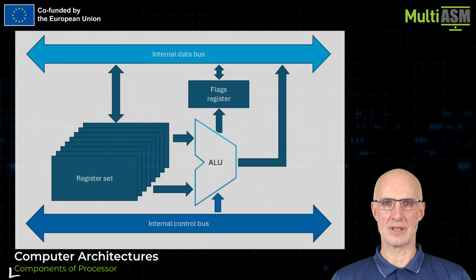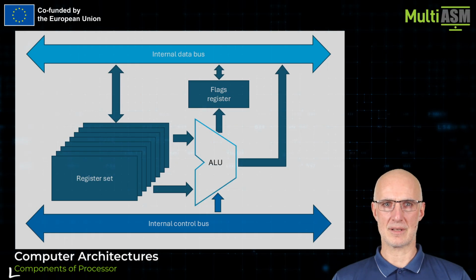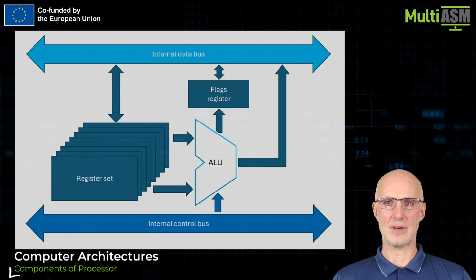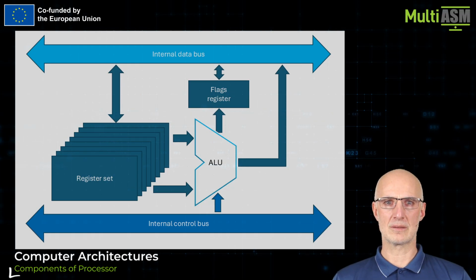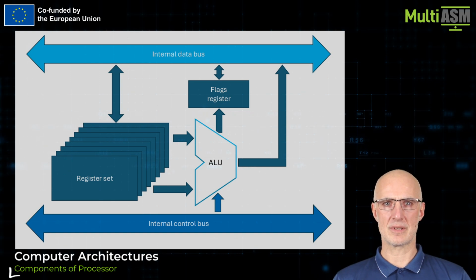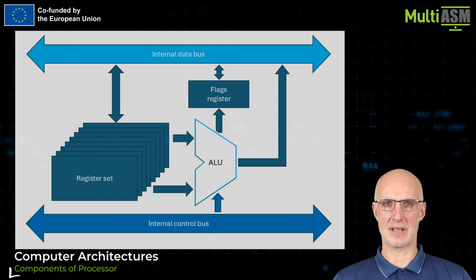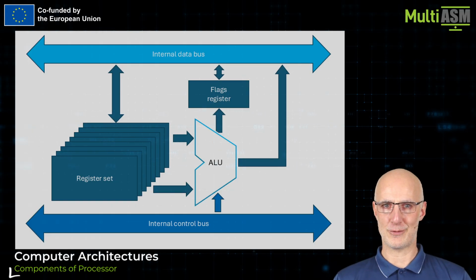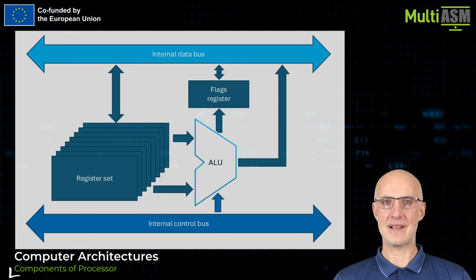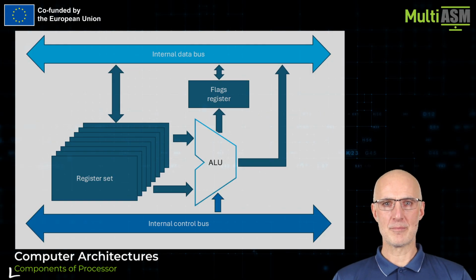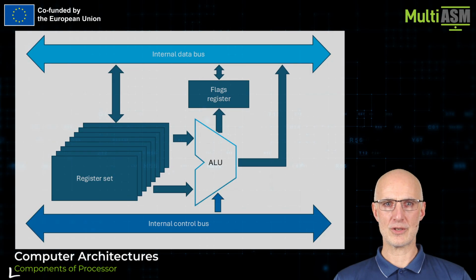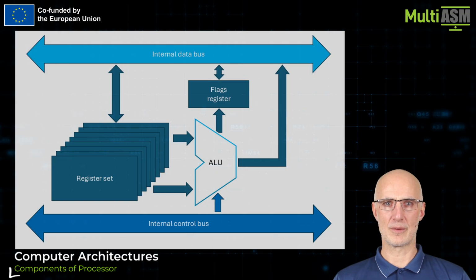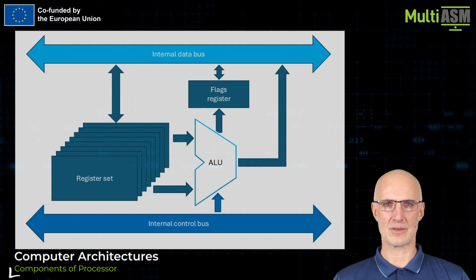An execution unit, also known as a data processor, executes instructions which perform data calculations and manipulations. Typically, it is composed of a few essential elements: arithmetic logic unit, set of registers, flag register, temporal register. The arithmetic logic unit is the element that performs logical and arithmetical calculations.